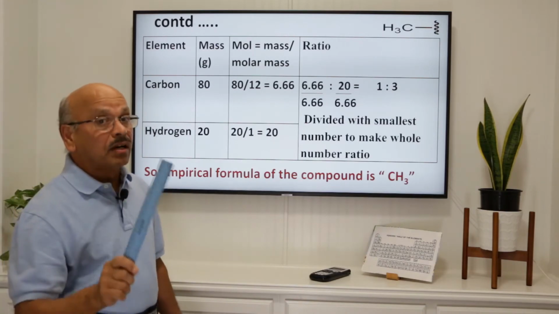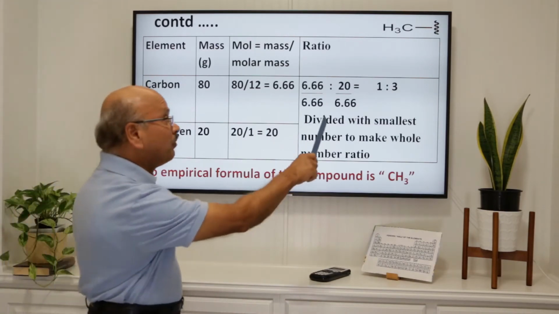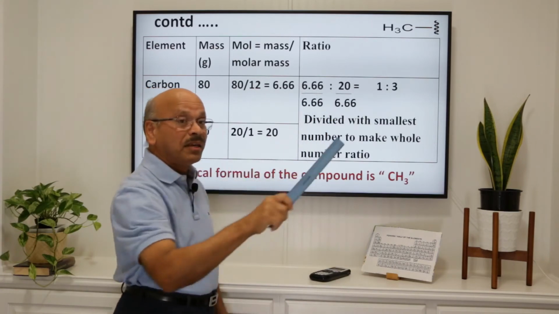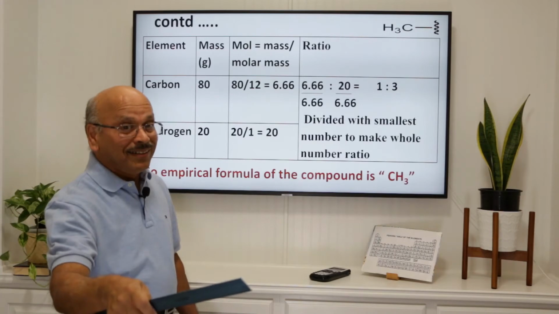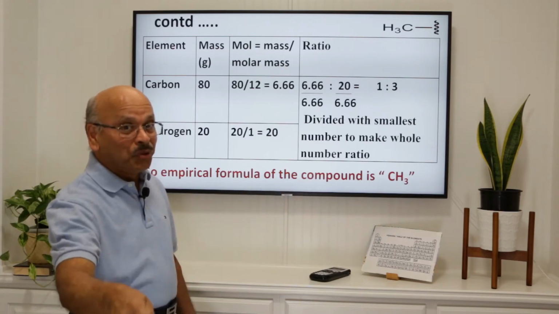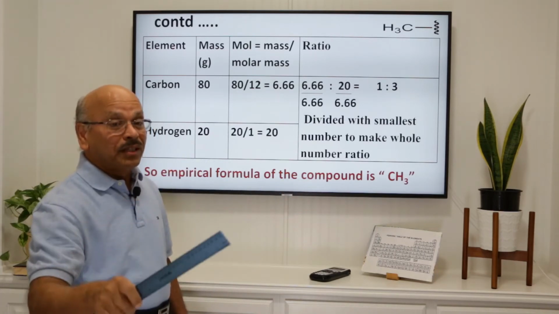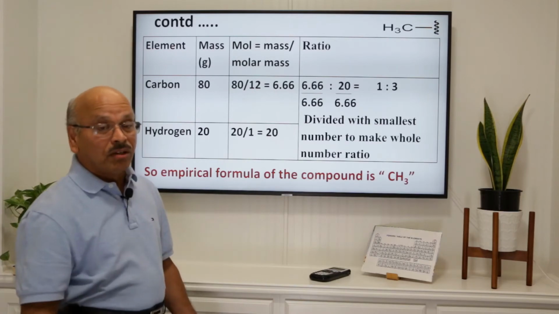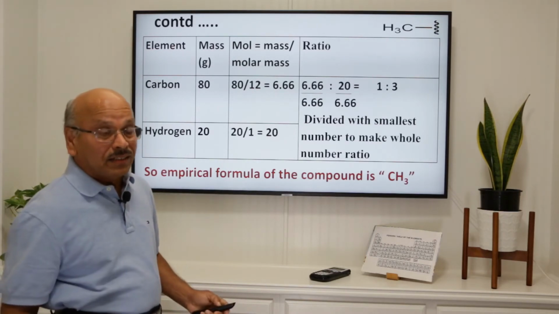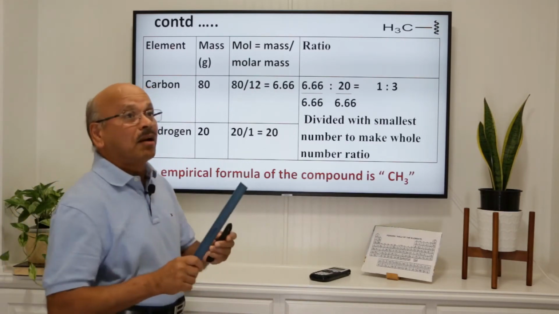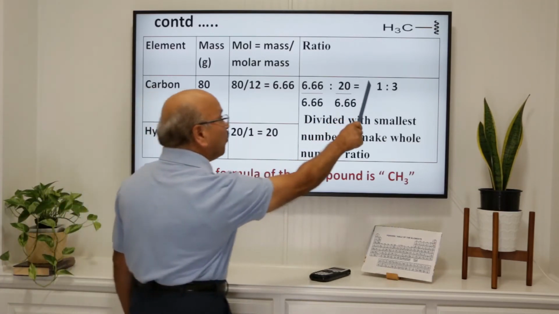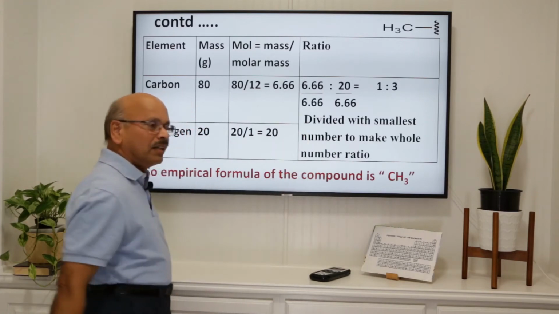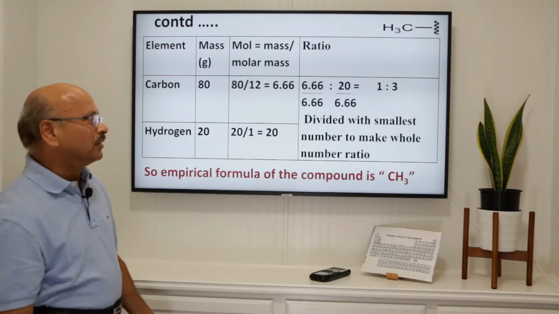But never correct it if, when you divide, it comes as 1.5 or 1.33 or 2.25. If 0.33, 0.5, 0.25 comes, don't correct it. We can only correct when the number is very near a whole number. Just remember that.